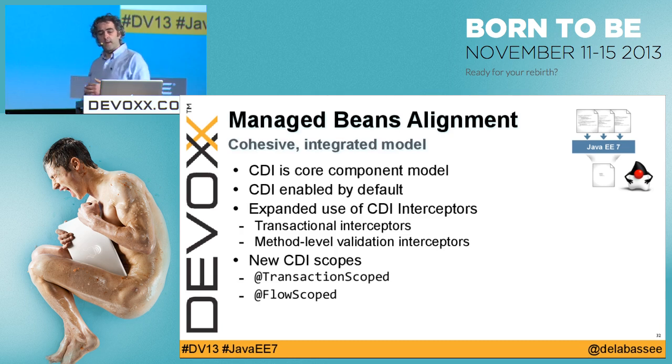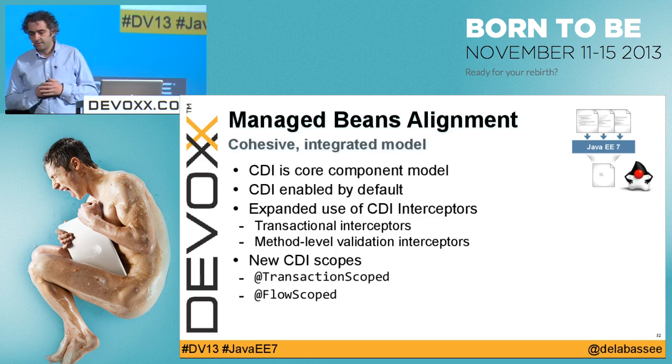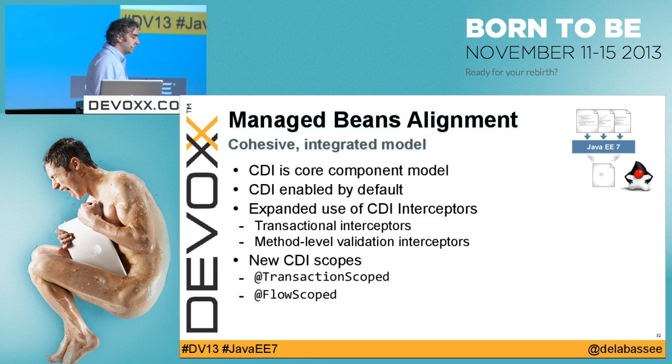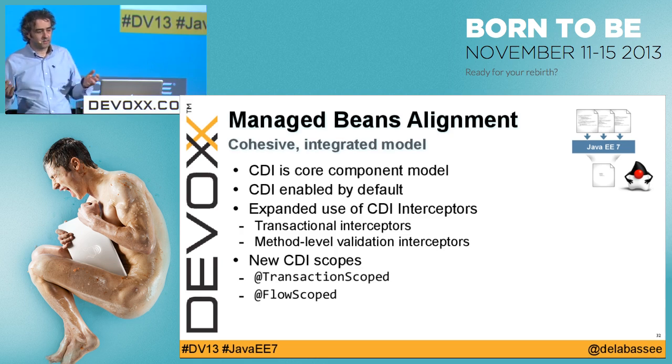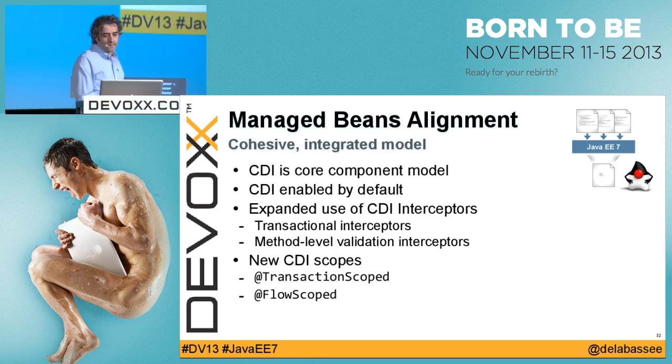So moving on, managed bean alignment, moving towards a more cohesive integrated model. CDI is really becoming a core component model within Java EE. It's enabled by default. So if you have been using CDI in Java EE 6, well, if it didn't work, the first thing you had to do was check your beans.xml. The beans.xml was missing or something was wrong there. Now you don't.